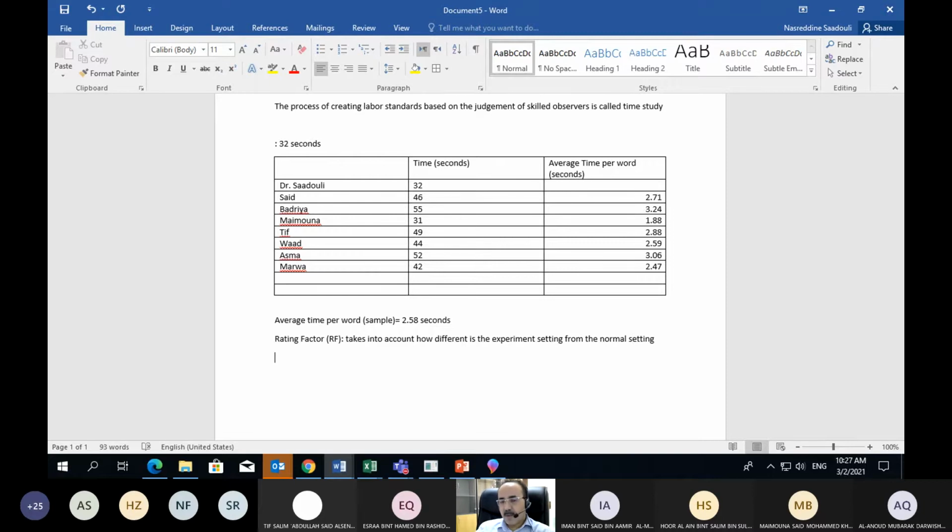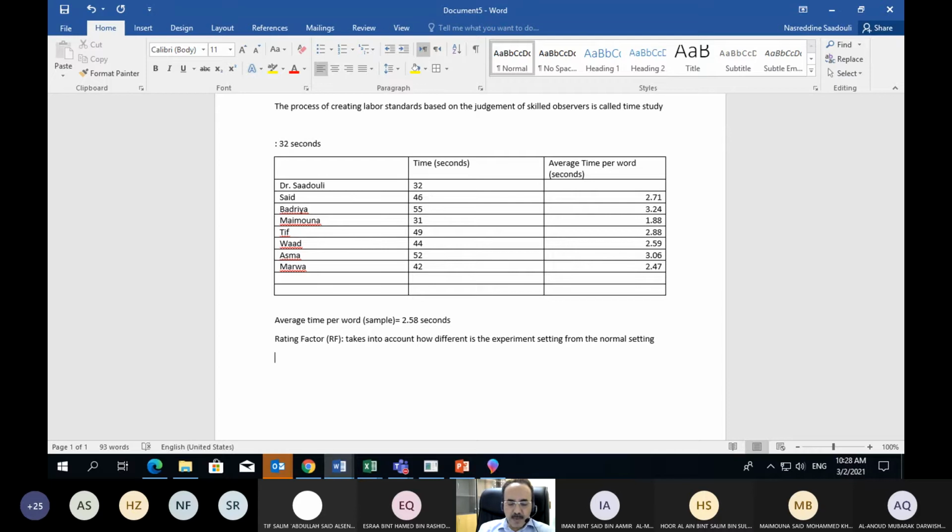Well, it means that when I carried out the experiment, is this the normal situation? Is this the normal conditions? If it's the normal condition, then the rating factor should be 1. Whereas if it's not the normal condition, like in this case, this is definitely different from the setting during an exam. So, as your colleague just said, most likely we will take a little bit more during the exam because of the stress of the time, because of the pressure, whatever it is.